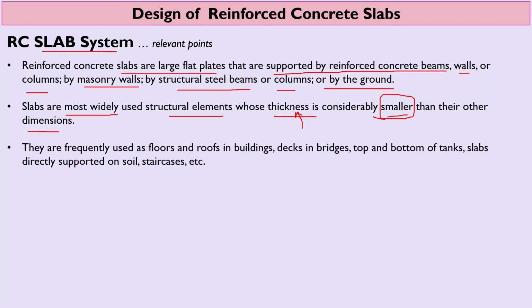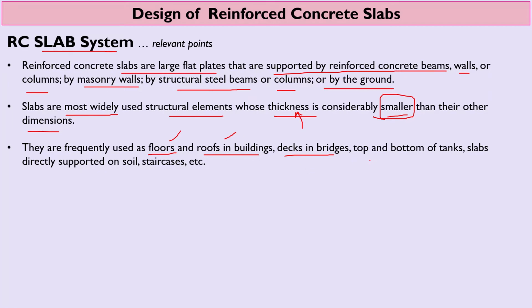Now they are frequently used as floors and roofs in buildings. A floor is one type of slab and a roof is another type of slab, so they are termed slabs. Decks in bridges also come under the definition of a slab.